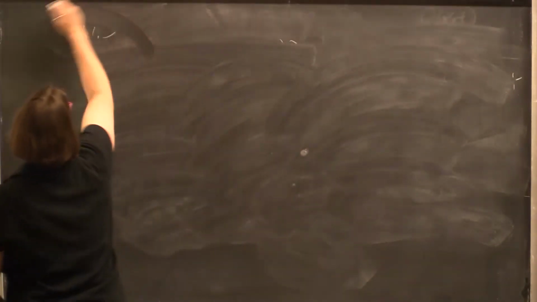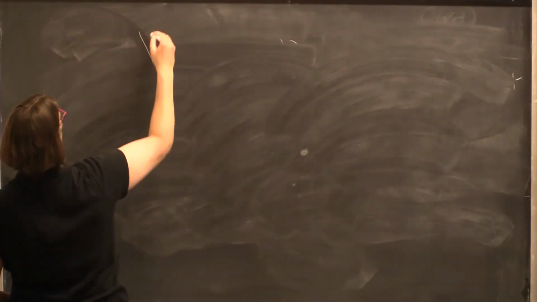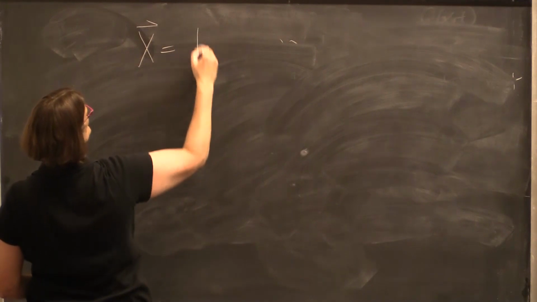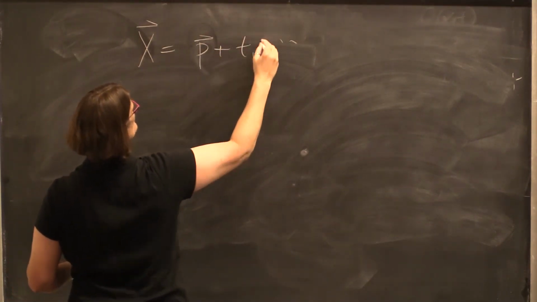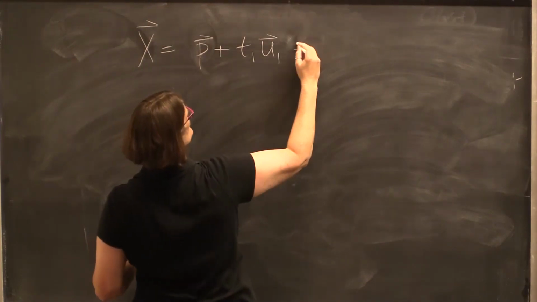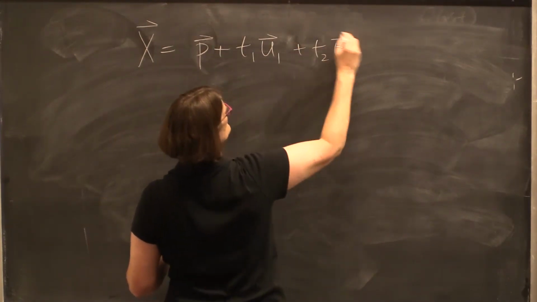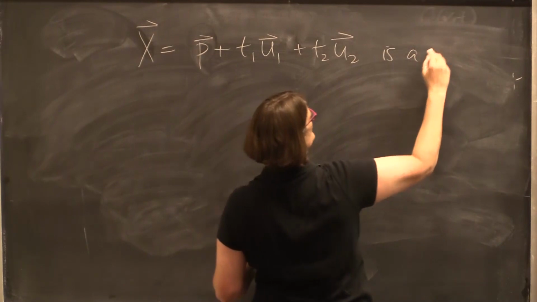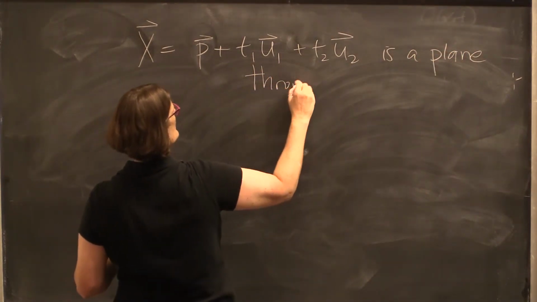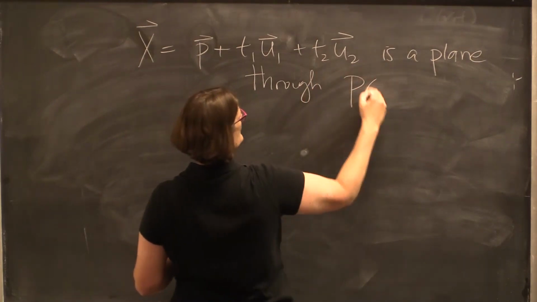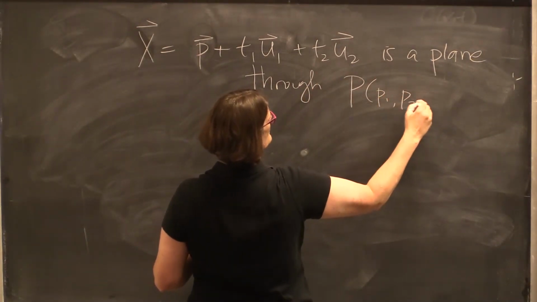If I want a plane through a point, so x equals p plus t1 u1 plus t2 u2 is a plane through the point given by p1, p2.